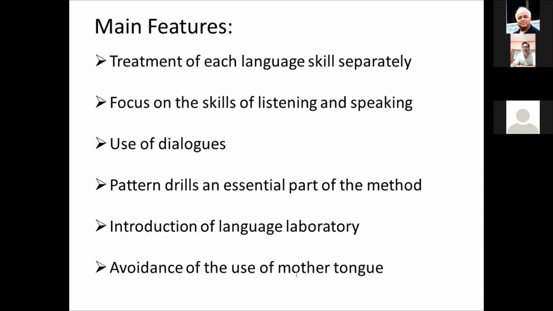Now, like the direct method, the audiolingual method also speaks of avoidance of the use of the mother tongue, though not so rigidly. Here the main focus is on direct assimilation of the target language through listening and then using the language through speaking. Now, the audiolingual method uses different techniques.